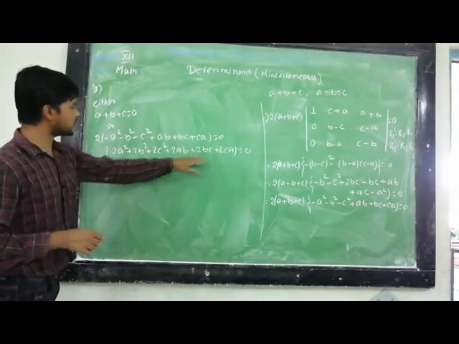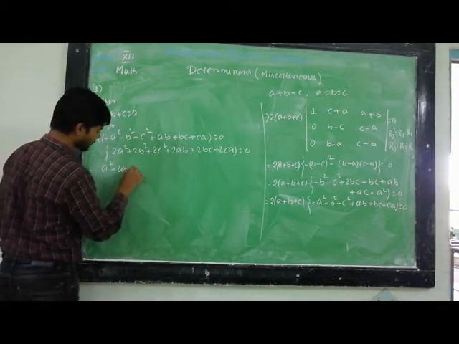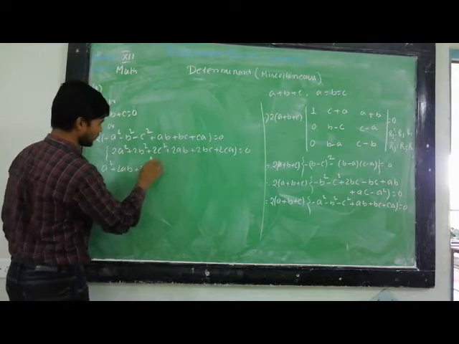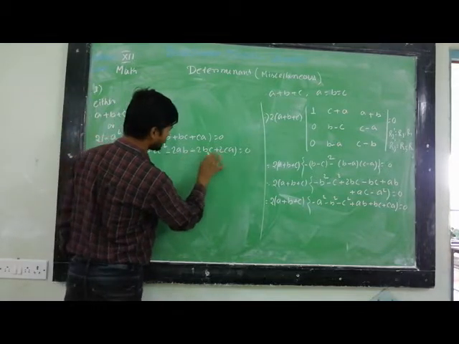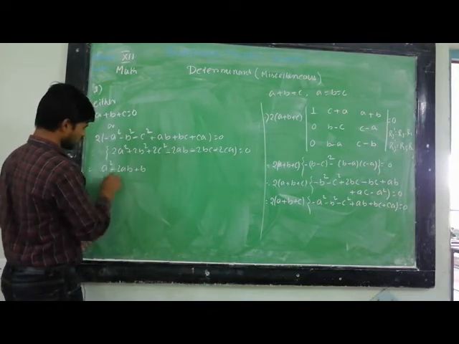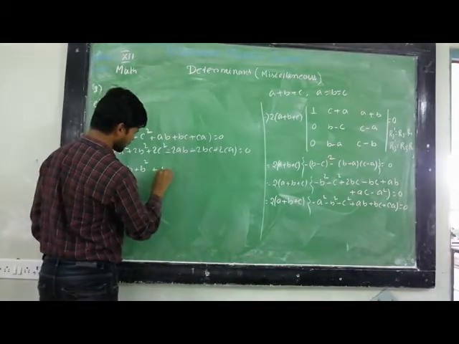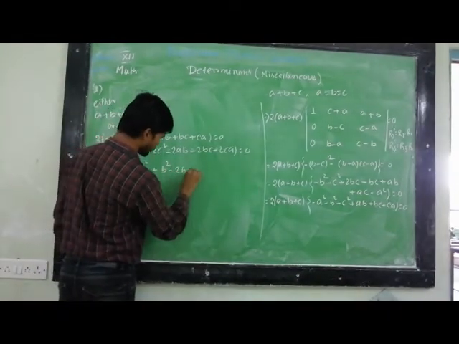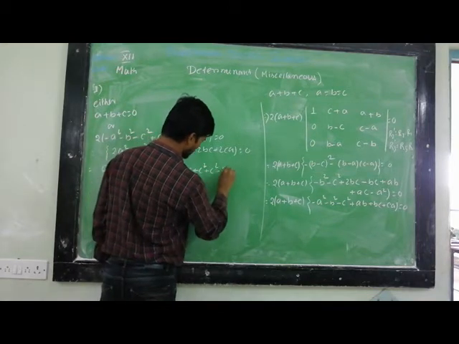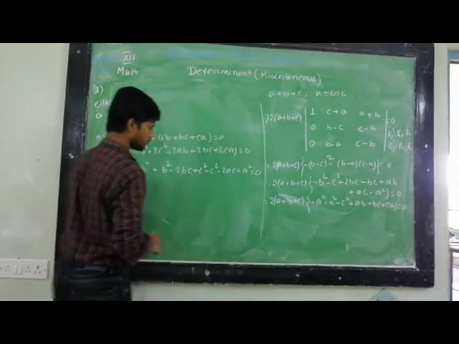Now we will rearrange this expression like this: A square minus 2AB plus B square, plus B square minus 2BC plus C square, plus C square minus 2AC plus A square, equal to 0.